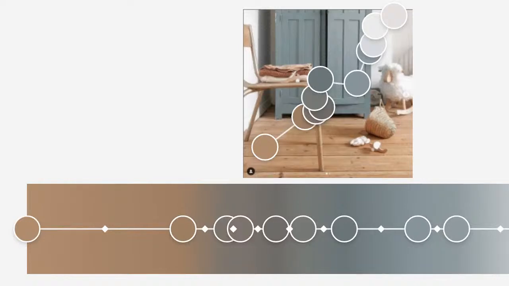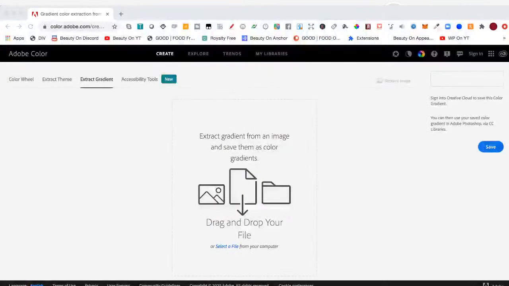All right, so let's get into this Adobe gradients. Crazy stuff. Let me go pull this down, and let me grab onto my OBS and grab the window capture, so that you guys can see what I'm talking about. All right, so you're going to find yourself over at color.adobe.com.